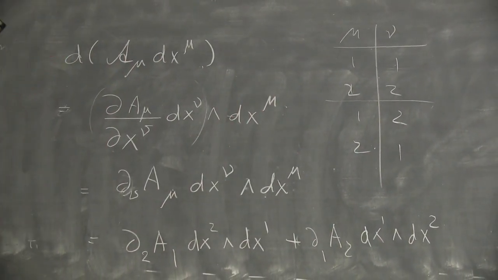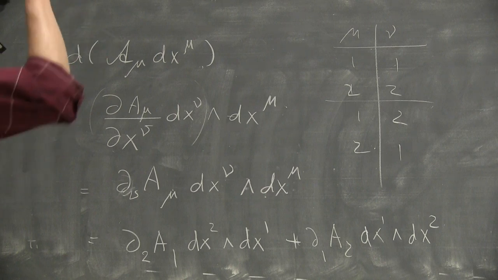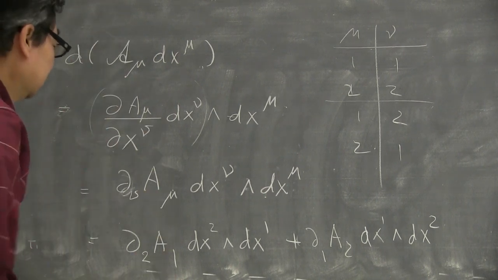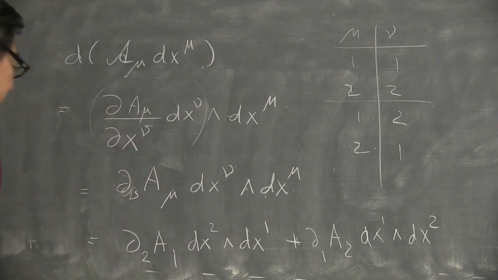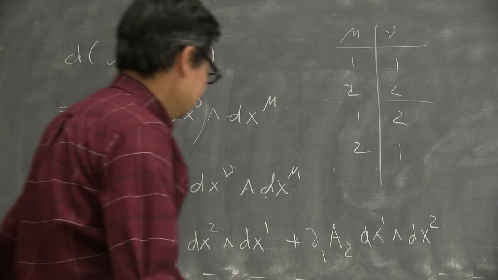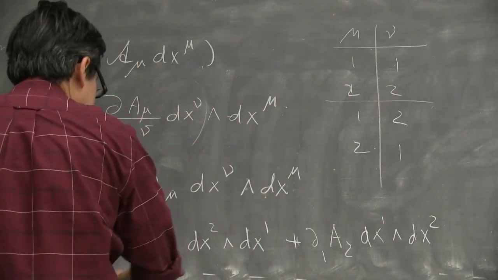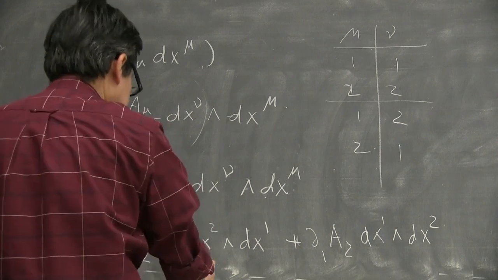All right, but dx2 dx1 is minus dx1 dx2, okay? Be careful in here.